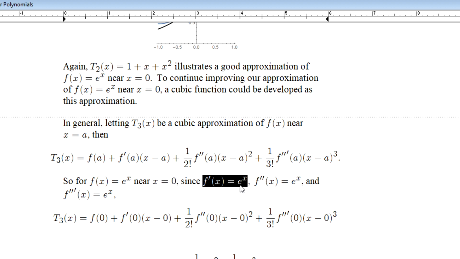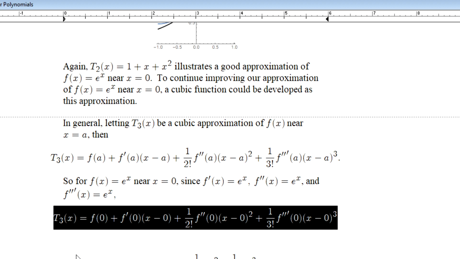since f prime of x equals e to the x, f double prime of x equals e to the x, and now the triple derivative of f with respect to x is equal to e to the x, we're able to set up this as our cubic approximation of our function.